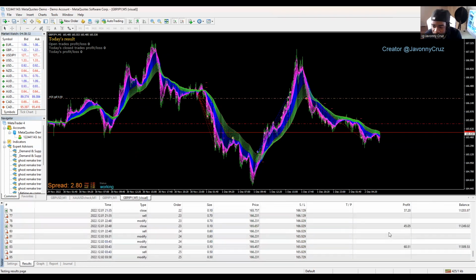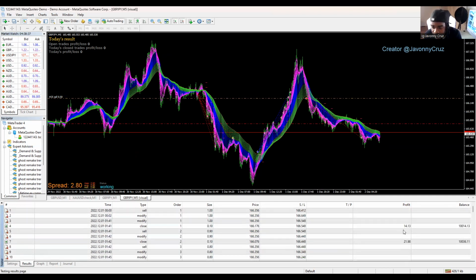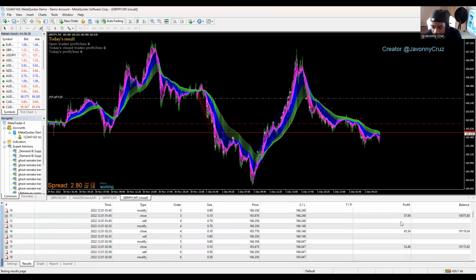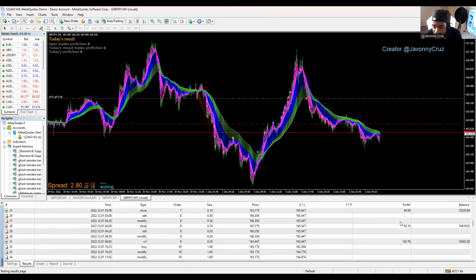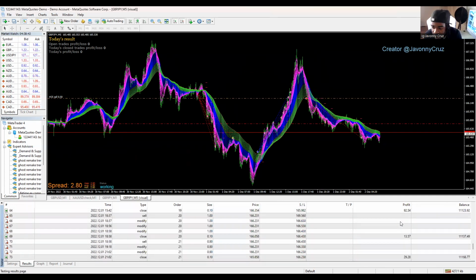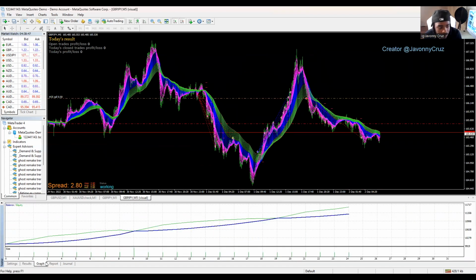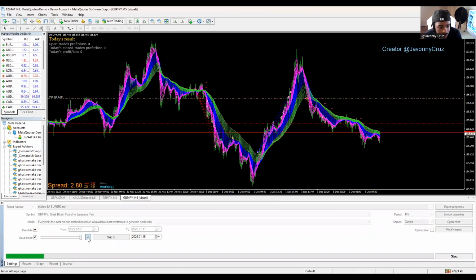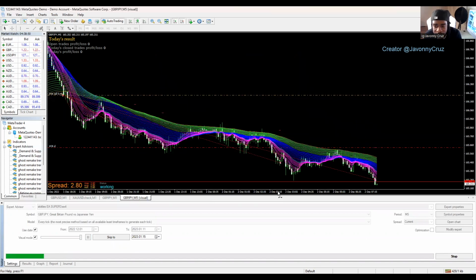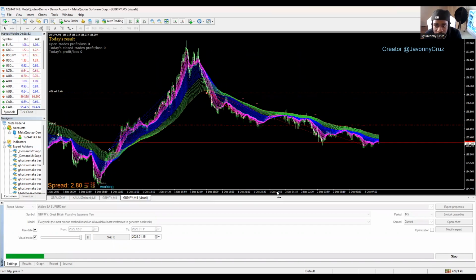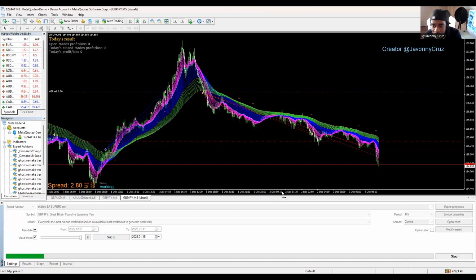You guys can see we still haven't lost a trade. We still have not lost a trade, guys. Okay, and the reason why we haven't lost a trade is because we are having the bot on at a great time.